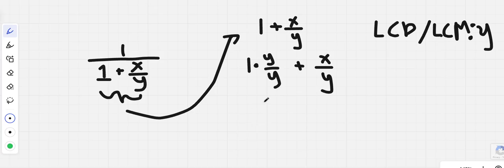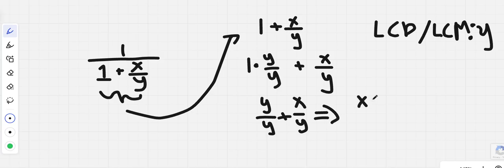So that turns into y over y plus x over y, which equals x plus y over y.